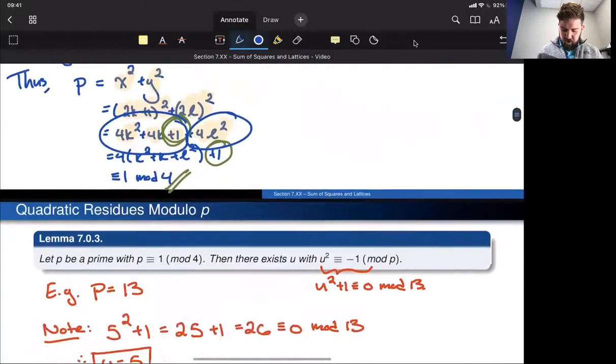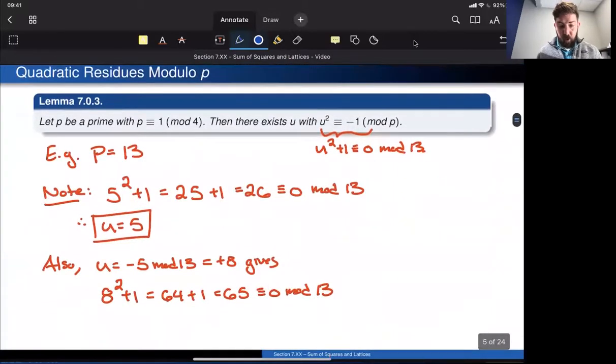The thing that's going to help me out a little bit are some of these quadratic residues and quadratic non-residues. So there's a little bit of old school math 436 or number theory and crypto stuff circulating in the back of your brain. The claim that I want to lean on is that if you give me a prime that is a 1 mod 4, there is essentially a square root of -1.